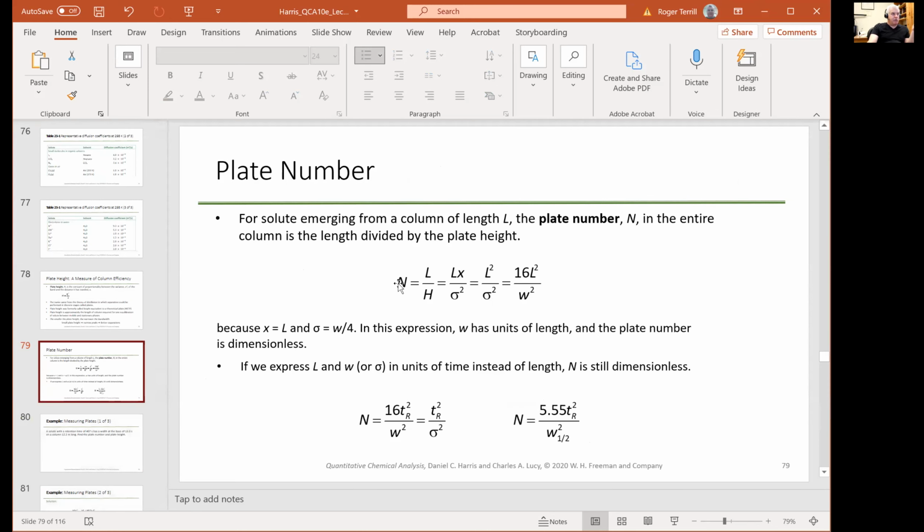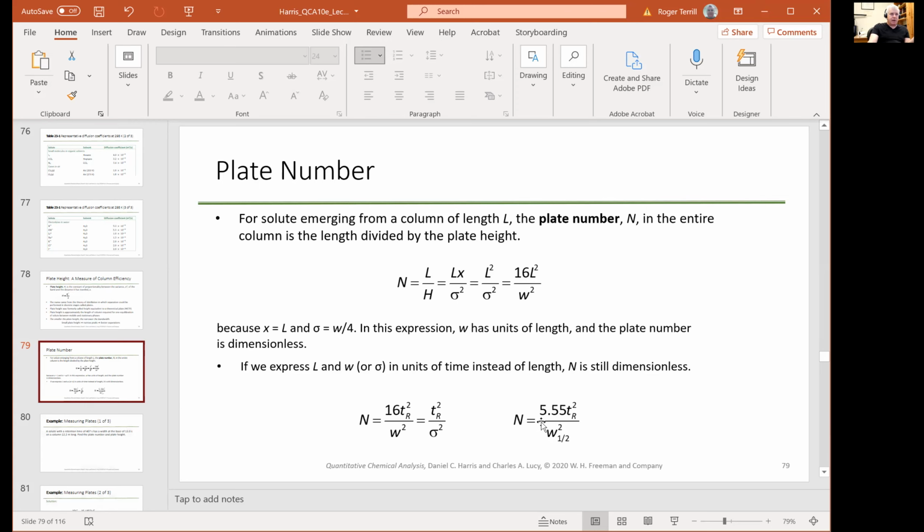It's more typically that someone will say N, the number of plates that you can generate with your column. And the number of plates is generally specific to a particular peak, where you take the TR for that peak and the W of that peak. I don't know why everything's squared here. It's just weird. But this is the operative form of it, because W you can measure from your chromatogram, and TR you can measure from your chromatogram.